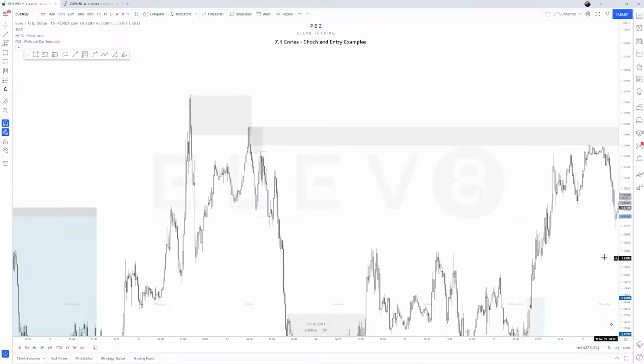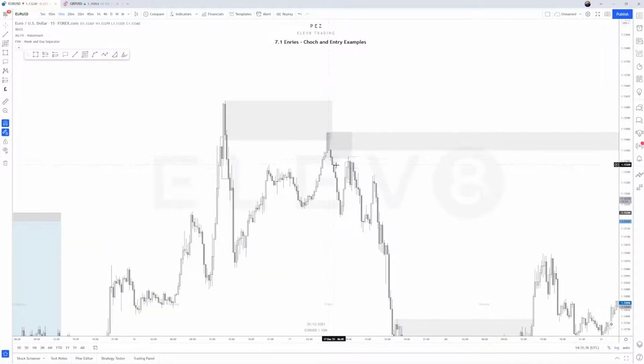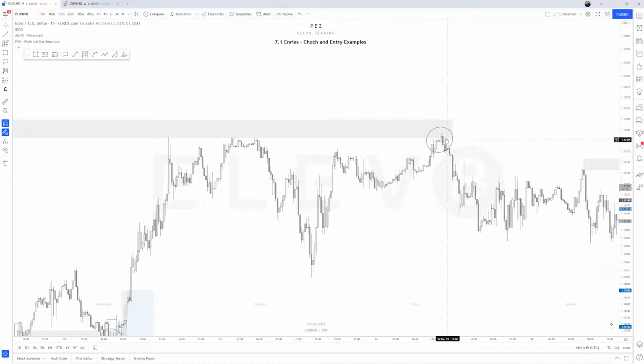Here we can see that we have this supply that's left behind, and it's the inside bar. So off of this supply chain, we tapped into the supply range here, but we didn't tap into the inside bar. So price comes back into it. It taps in a few times, creating some liquidity above here.